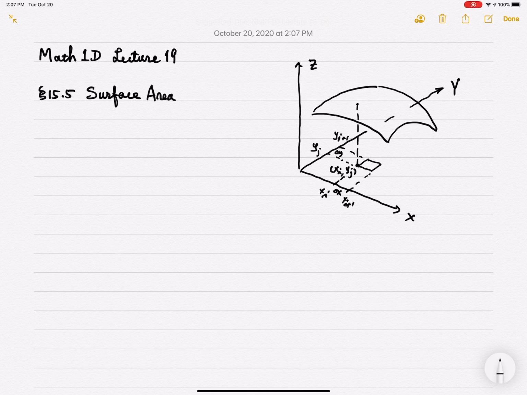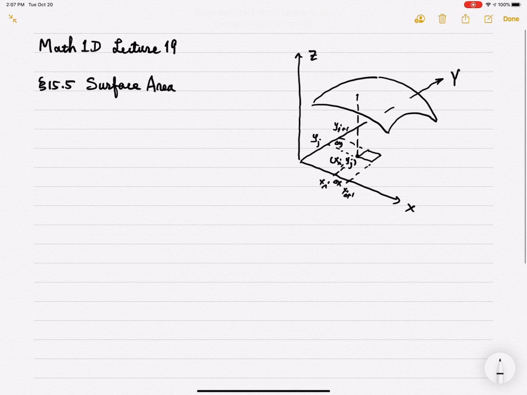Now, on the surface, suppose this is the tangent plane at this point. The surface is like this, and on the top is the tangent plane.